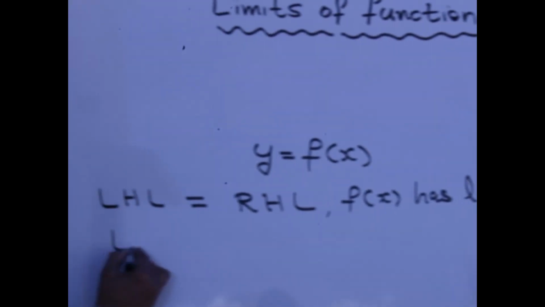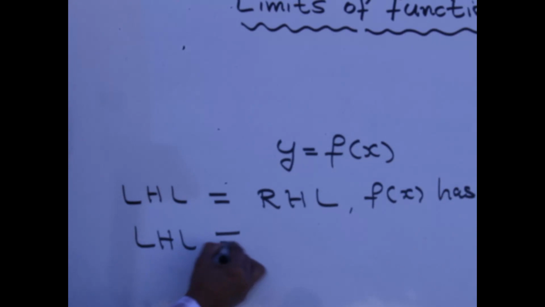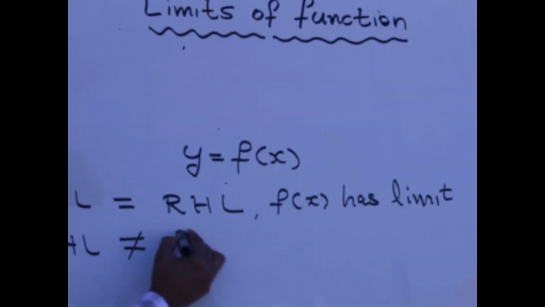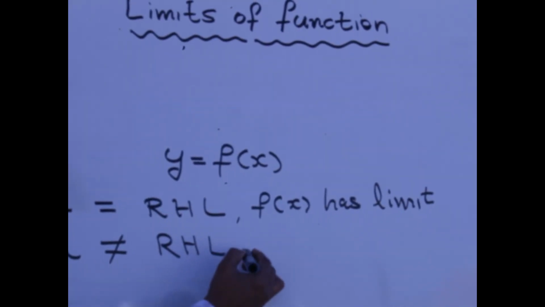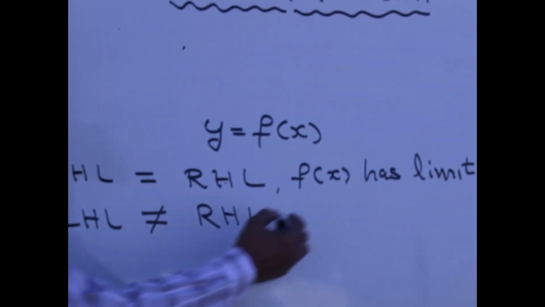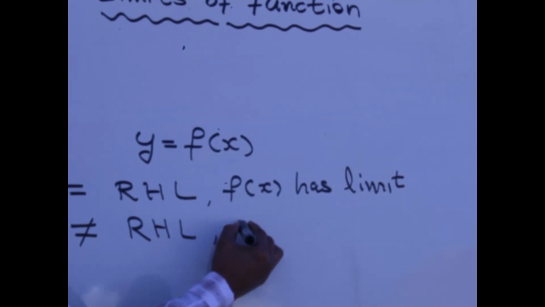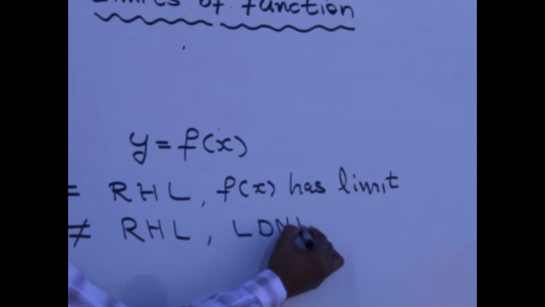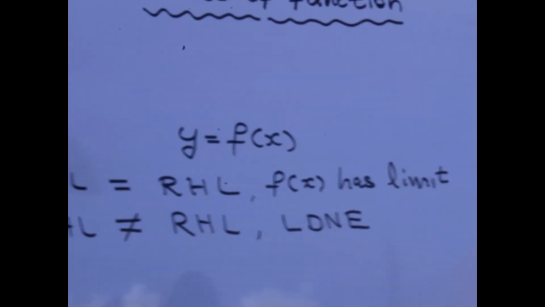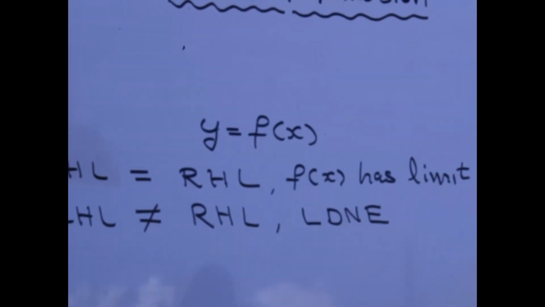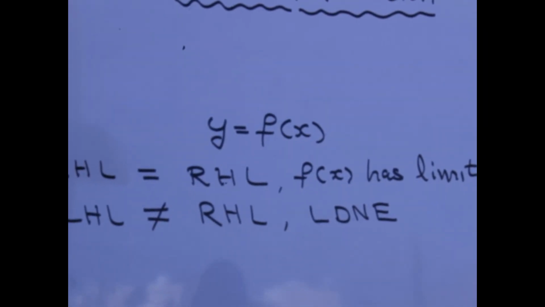If LHL is not equal to RHL, the function does not have any limit, which we write as limit does not exist. These are two important theorems to study in this topic.